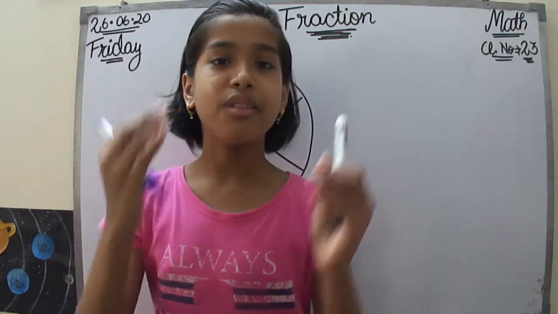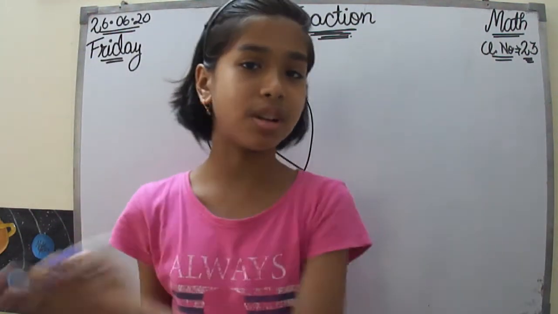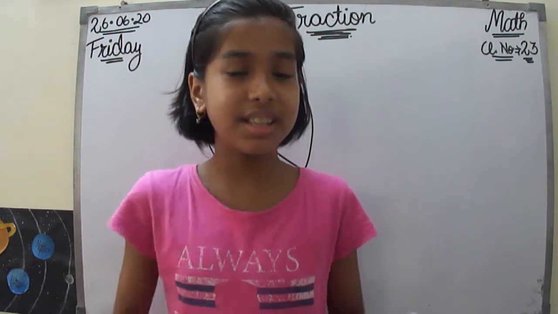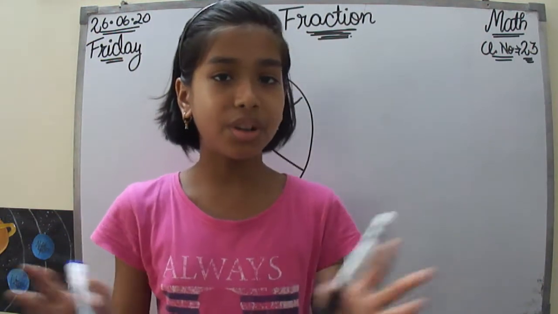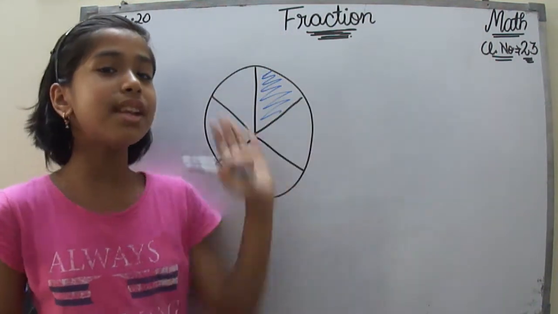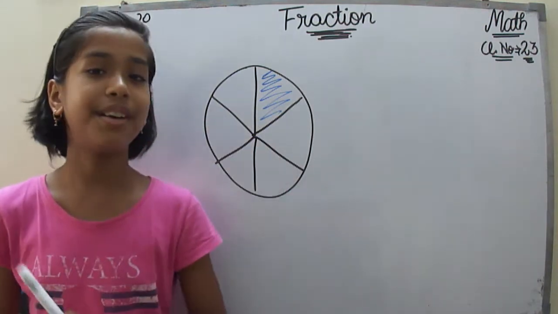I can use 1 upon 6, or 1/6 of a pizza. So that's what a fraction is, just a part of a whole. This slice of a pizza is just a part of a whole pizza.